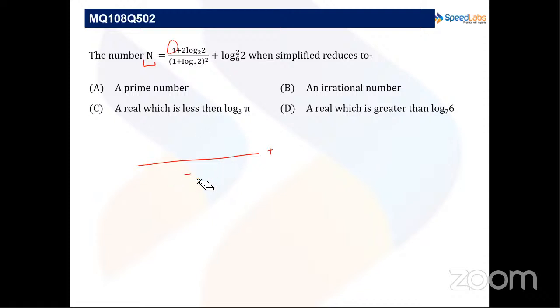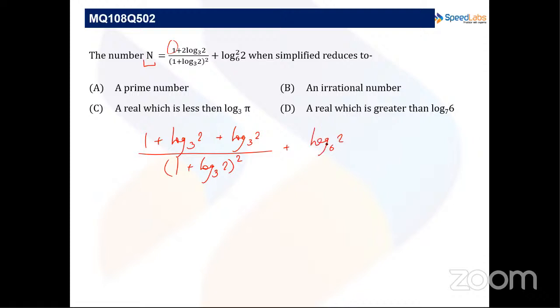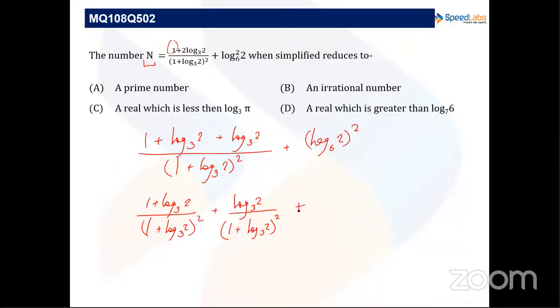Let's rewrite it as 1 plus log 2 to the base 3, plus log 2 to the base 3 divided by 1 plus log 2 to the base 3 whole square, plus log 2 to the base 6 whole square, and this will be log of log 2 to the base 3 upon 1 plus log 2 to the base 3 whole square, plus log 2 to the base 3 upon 1 plus log 2 to the base 3 whole square, plus log 2 to the base 6 whole square.